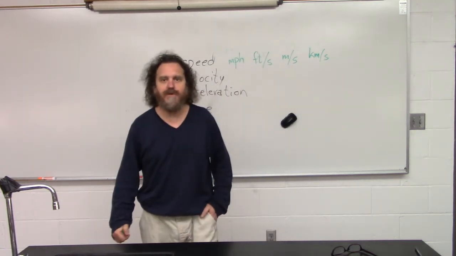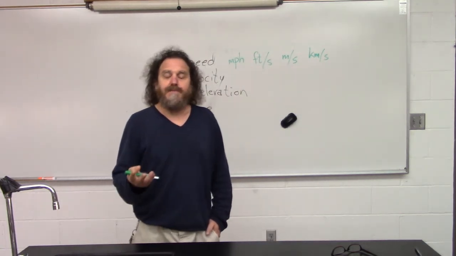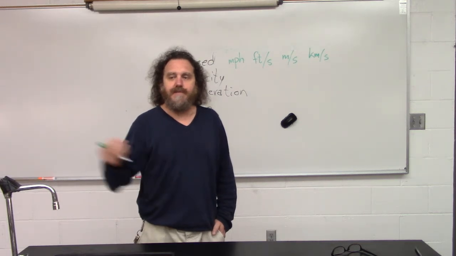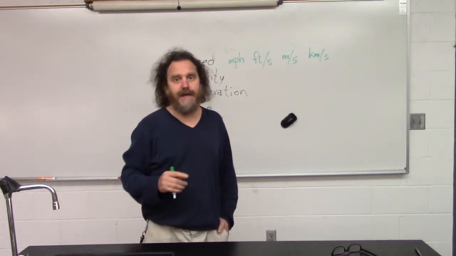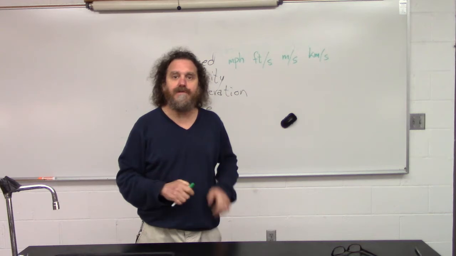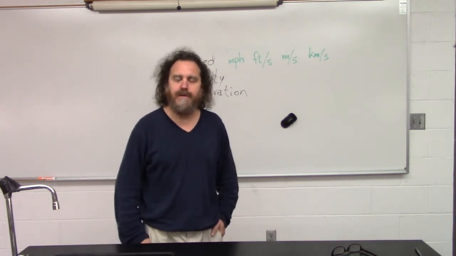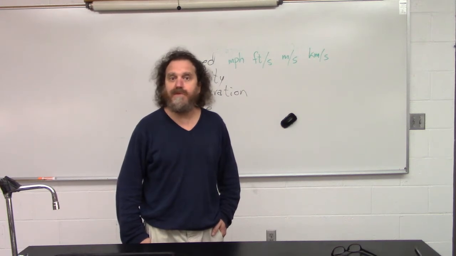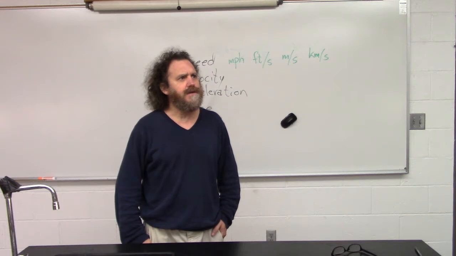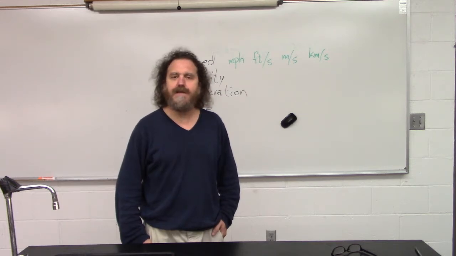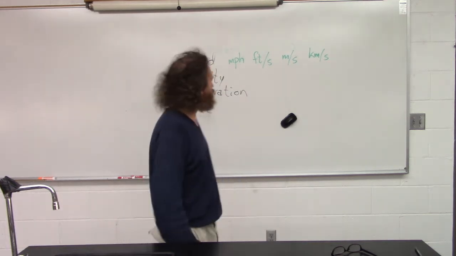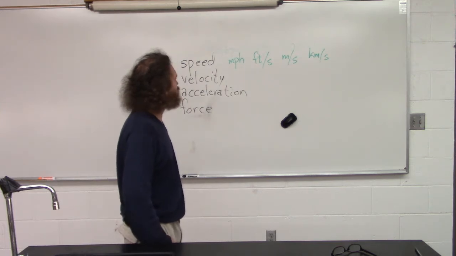That's a very high unit of speed, right? If something is traveling 1 kilometer per second, that means it's moving 1 kilometer every second. That's not unheard of. I mean, you don't have cars traveling that fast on the road, but you have planets moving that fast in their orbits around the sun. The Earth is moving something like 30 kilometers per second in its orbit around the sun. So these are just all units of speed.